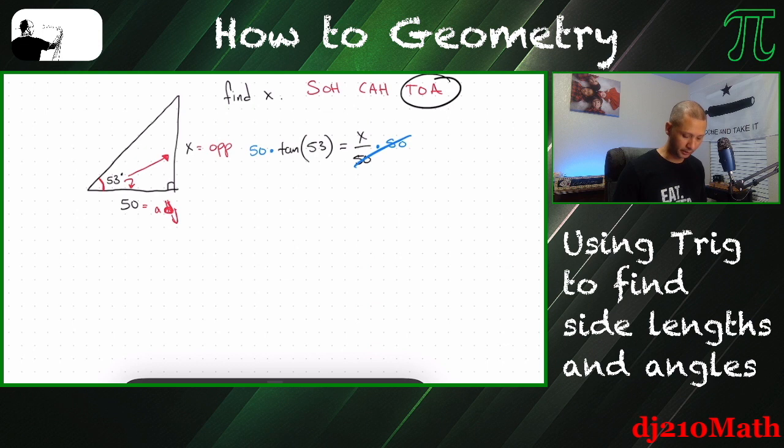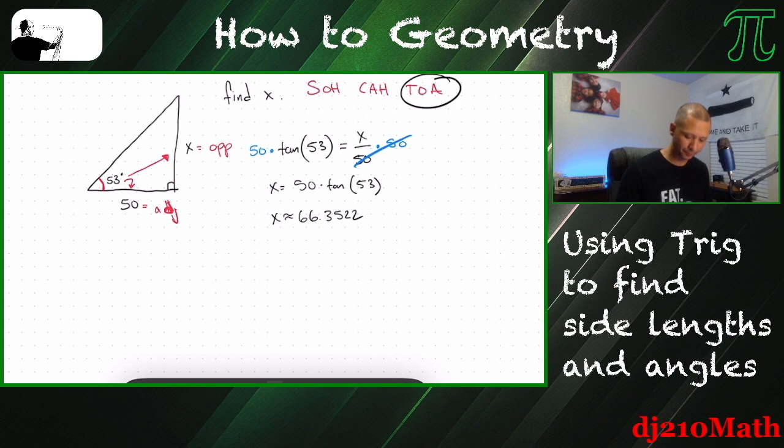So when I do this, we're going to get x, the side length, is equal to 50 times tangent 53. And this is for sure calculator work. So let's go to our calculator. All right, so tangent 53 times 50 is approximately 66.3522.